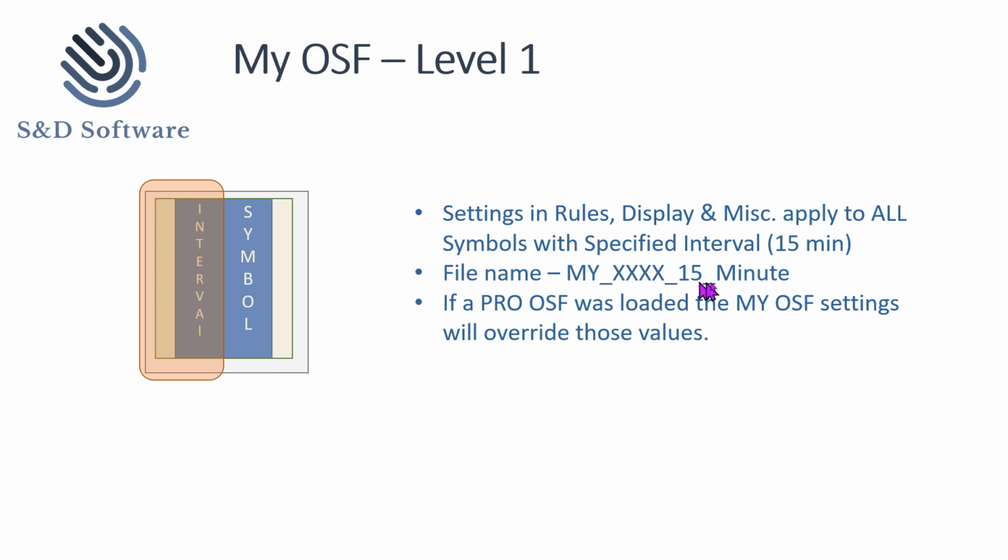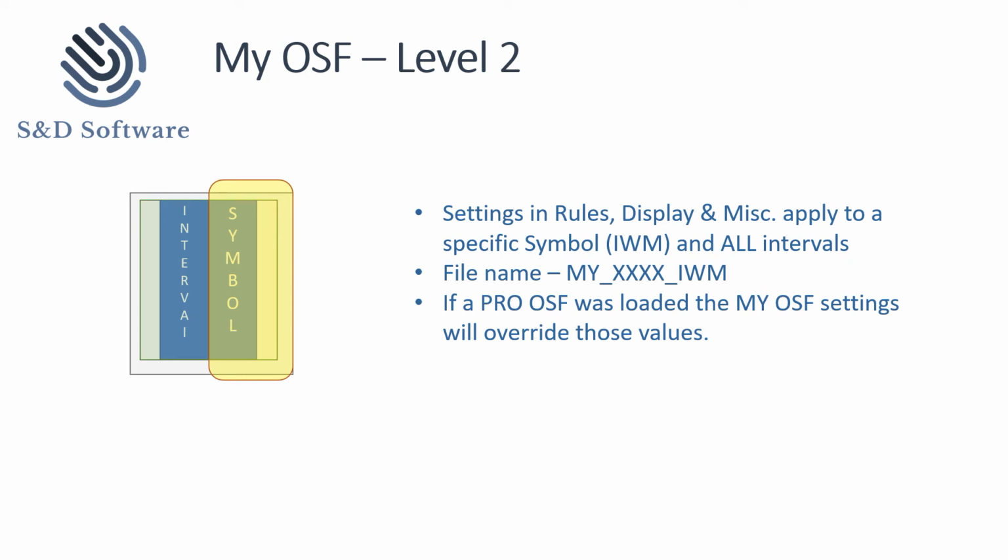Level 1 applies to all symbols with a specified interval. In this example, it's a 15-minute interval. And again, the reminder about the My OSF settings overriding Pro OSF values. Level 2 is going to be just the symbol and all intervals.